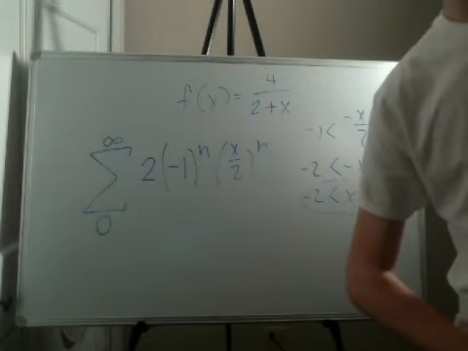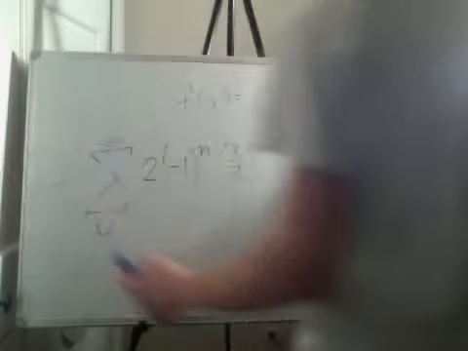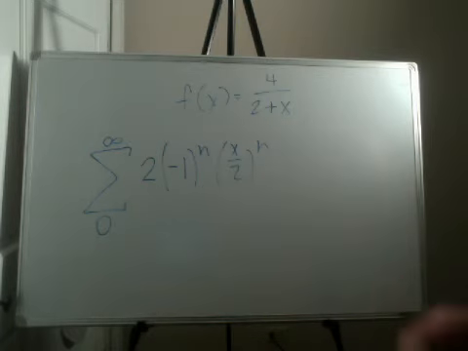The last thing we're going to be doing is taking the derivative and antiderivative of this series. Now this is why you're going to want to pull out the negatives. You want to have it in the simplest form, which is something like this. You could even take this further.